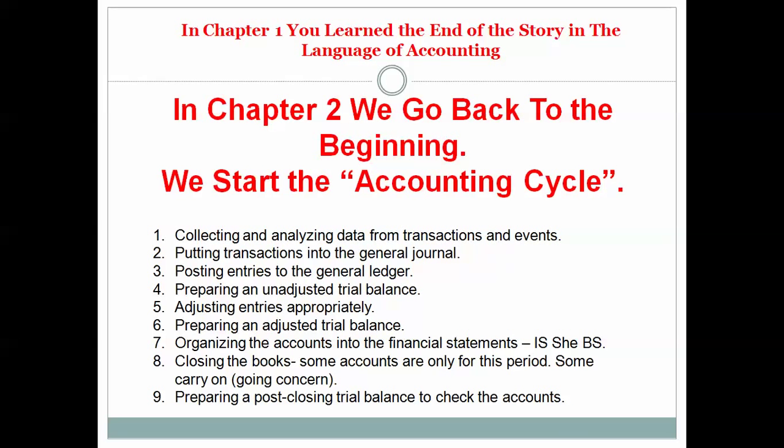And then we're going to go ahead and close out our books for that period because some of the accounts are only for this period. Some of them are going to go on, that going concern, we're going to take it from period to period, but some are only for this period. And then we're going to do one more trial balance to see, are we still in balance? The left equal the right so we can all sleep at night.